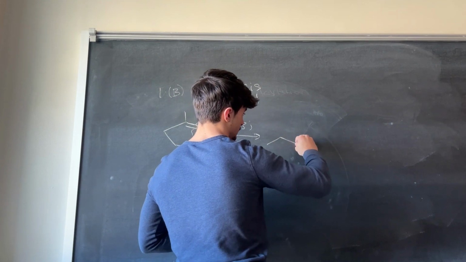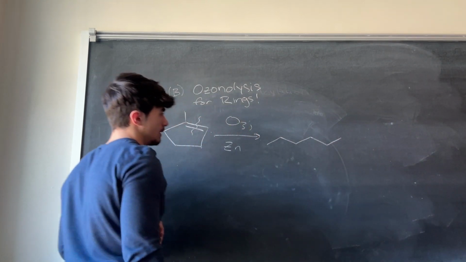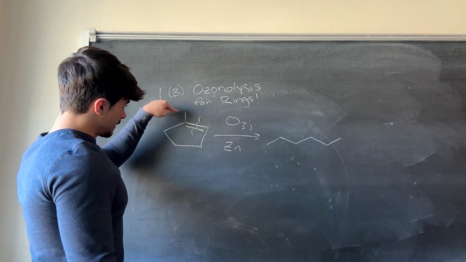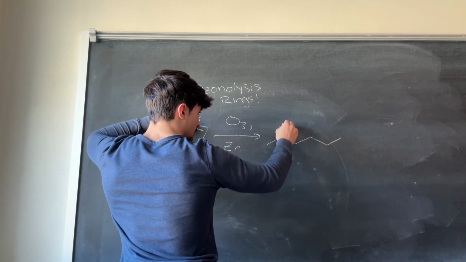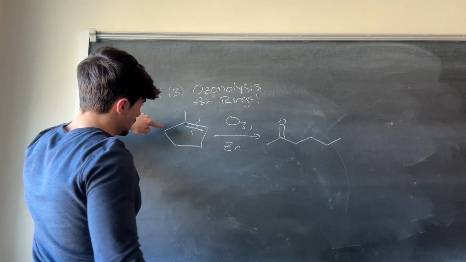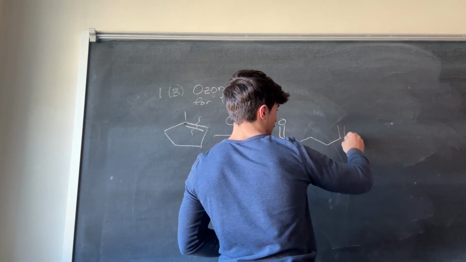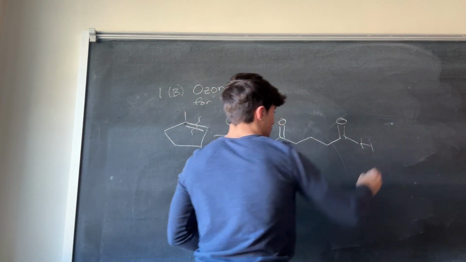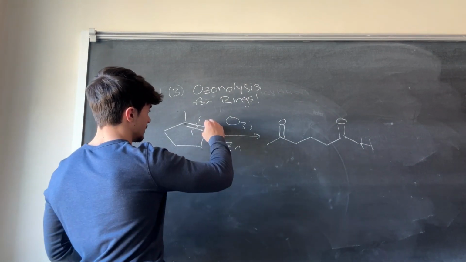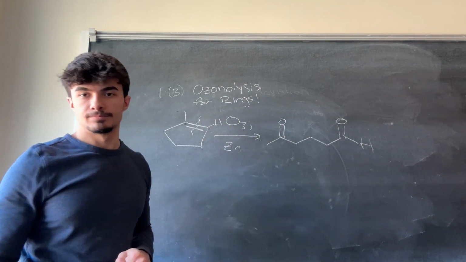On the second carbon, we'll have our ketone, and on the sixth carbon, we'll have our aldehyde. That H there is coming from this H.